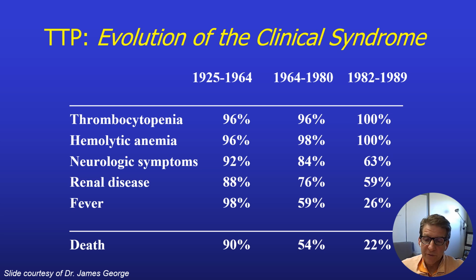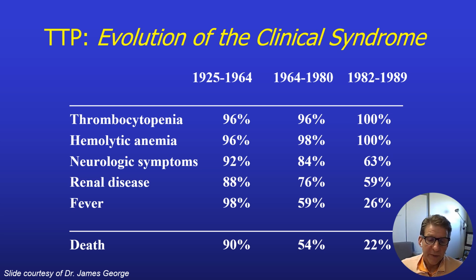But with this improvement in survival, you see the need to start therapy as soon as possible to allow for improvement and block this mortality. So what you see is not waiting for all these symptoms to be fulfilled, but looking at the more common findings that happen initially, which are a low platelet count and this microangiopathic hemolytic anemia, these fragmented cells or schistocytes you see in the peripheral blood.